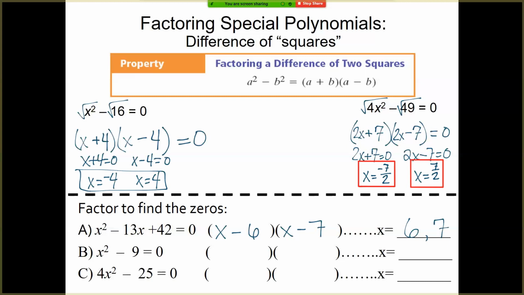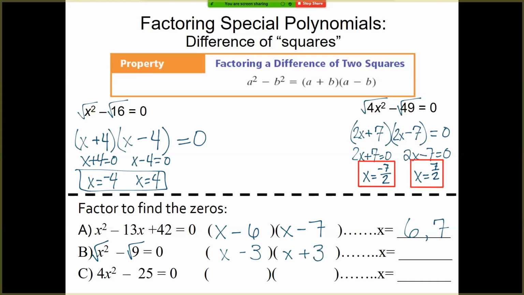For letter B, we have 2 terms, no greatest common factor, so I'm automatically looking for a difference of squares. I've got the minus sign in the middle, so I'm checking to see if both the first and the last term are perfect squares, which they are. So x minus 3 and x plus 3.